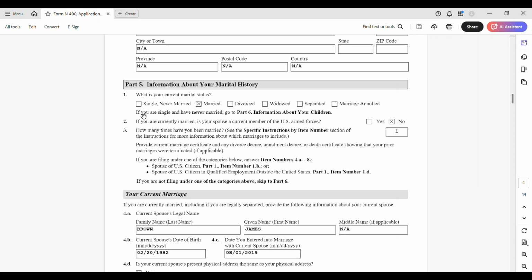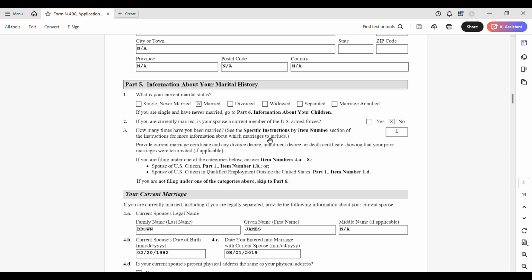We are continuing with question 2. If you are currently married, is your spouse a current member of the U.S. Armed Forces? The applicant in this case is no. How many times have you been married?